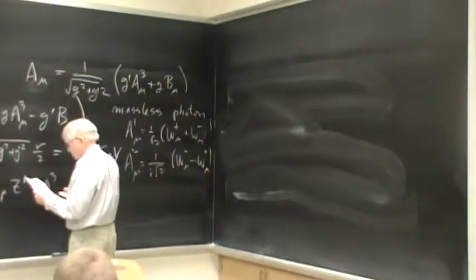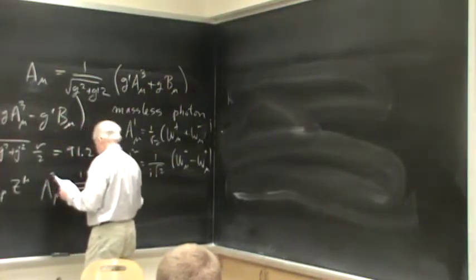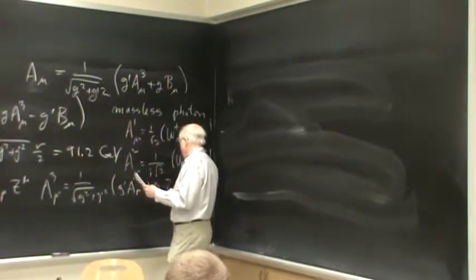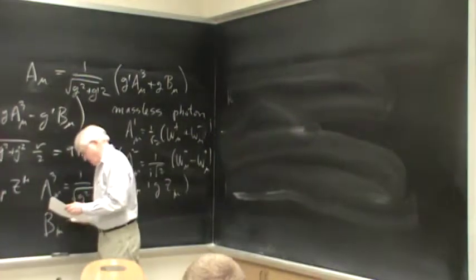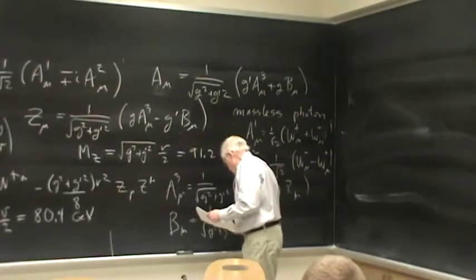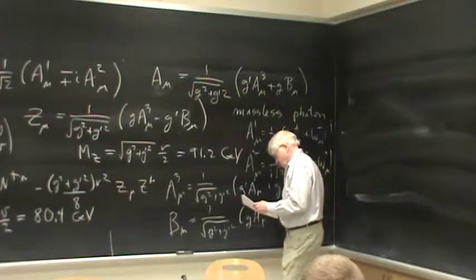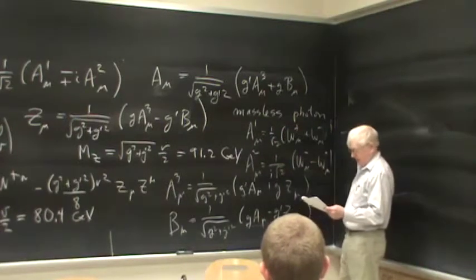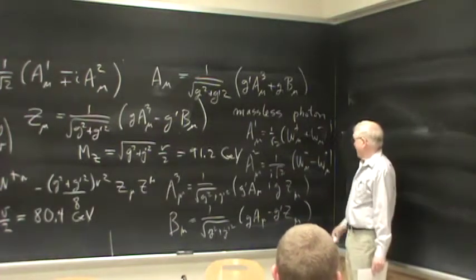A3 mu is 1 over square root of g squared plus g prime squared, g prime A mu plus g Z mu, and B mu is 1 over square root of g squared plus g prime squared, g A mu minus g prime Z mu.